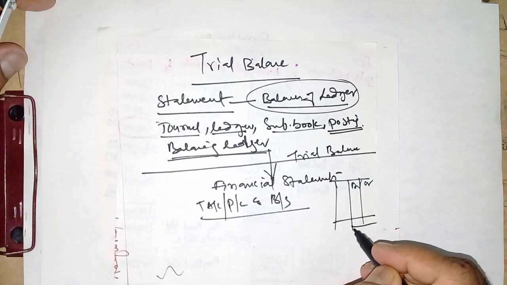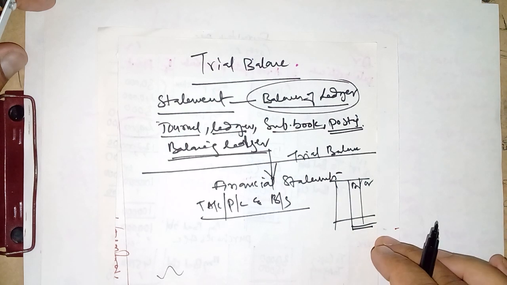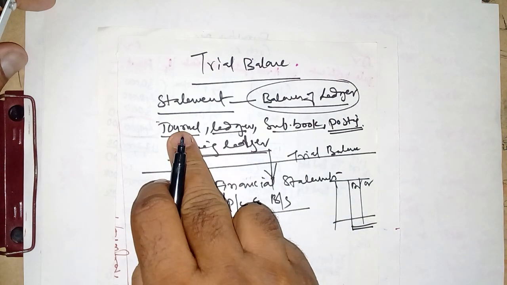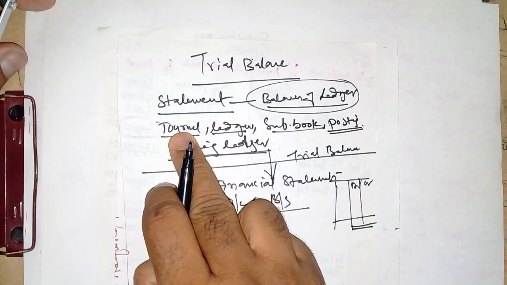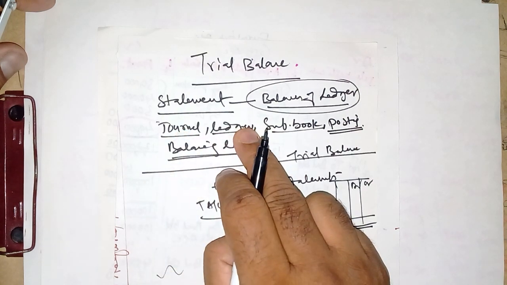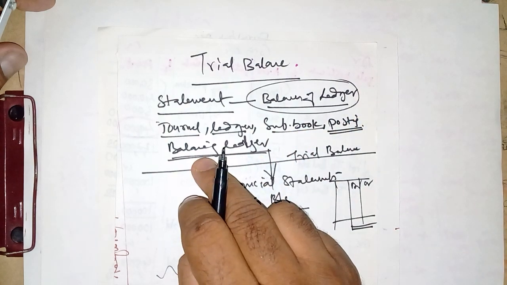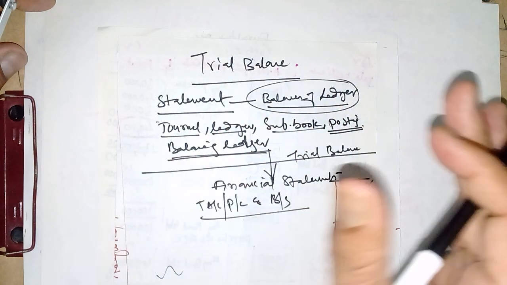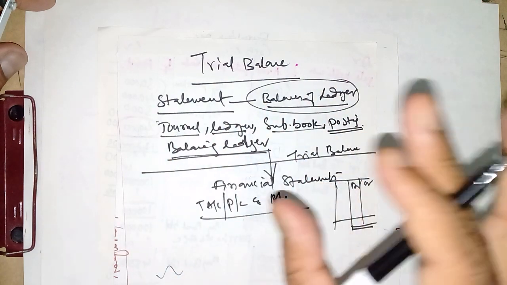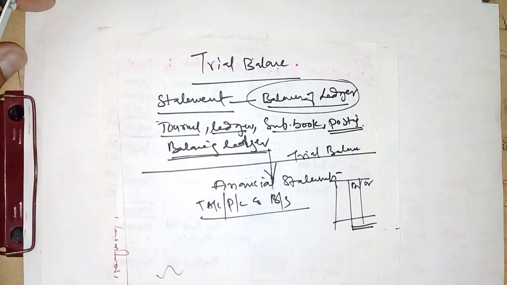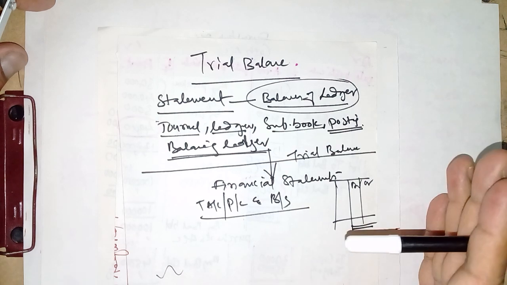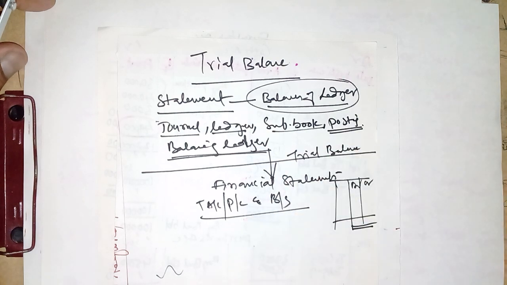If it is tallied, it means that we have done everything right with regards to journal, ledger, subsidiary book, posting, and balancing. Sometimes some compensating errors will also be there, but we don't consider that right now to explain the concept, as students will get confused. We'll keep that aside and understand.